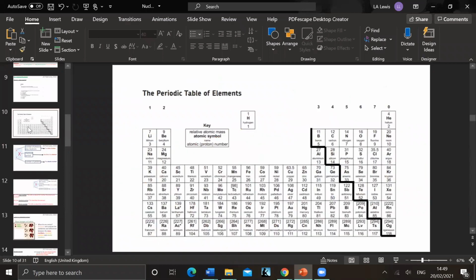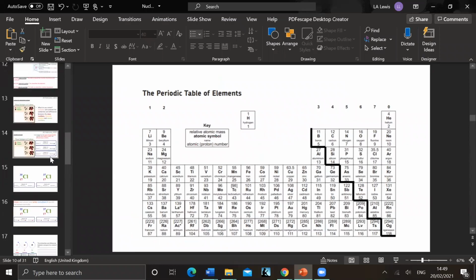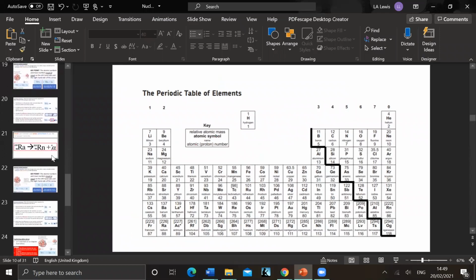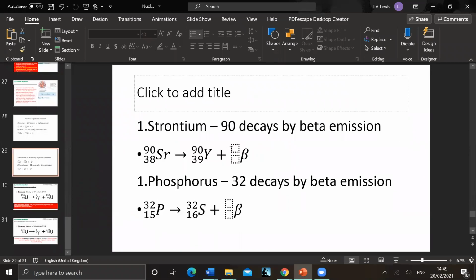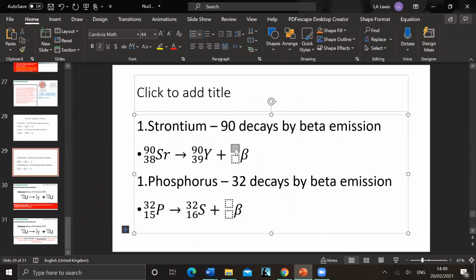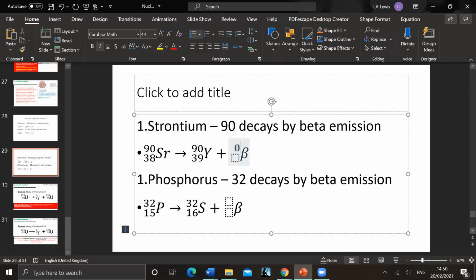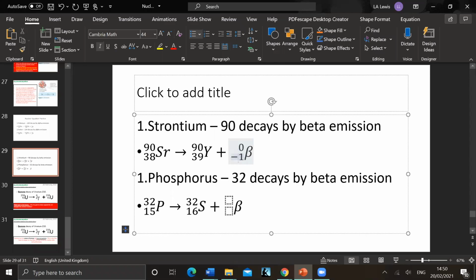In an exam we won't be asked exactly what that element is, but yes, it's yttrium, named after a village in Switzerland. I wouldn't tell you the wrong thing. So strontium-90 decays by beta emission. Now beta, remember, 0 for the mass number and minus 1.